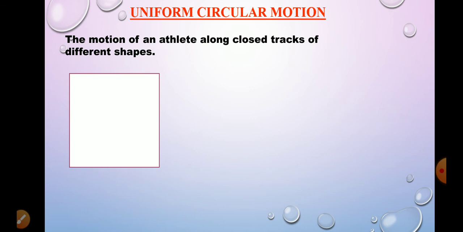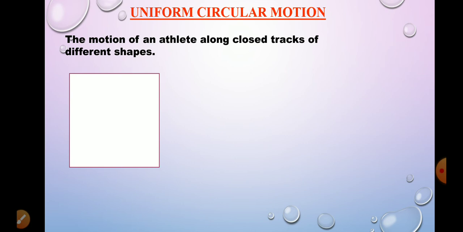Here the speed of the athlete may be the same over the path, but the direction of the athlete changes, right? He runs at a uniform speed on each straight path.